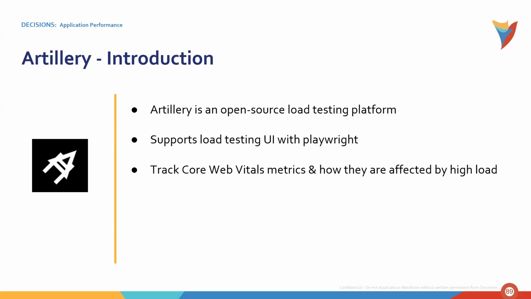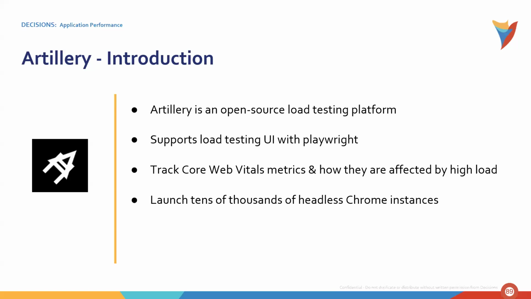Let's say I'm interacting with a button and the next element is appearing on the screen. What is the time frame that it took during those operations? The core web vitals, it's going to record and report it to me. So Artillery is capable of doing that.